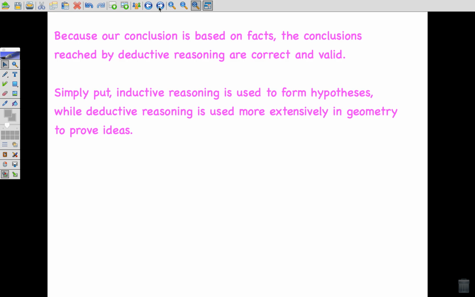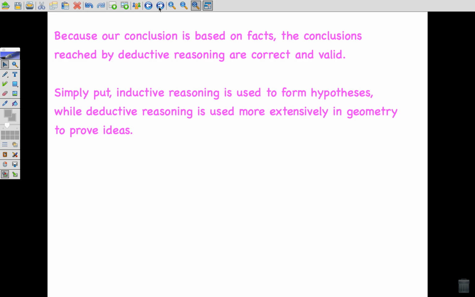We try it many, many times, many trials, and we see that the same thing is happening over and over again, or most of the time that same thing is happening over and over again. So therefore, we form a hypothesis and we say, because of reason A, conclusion B occurs.